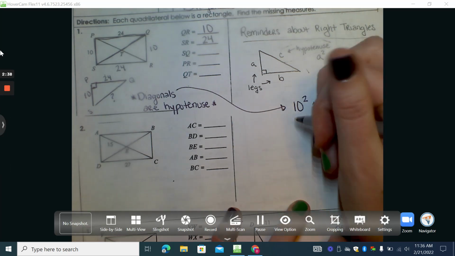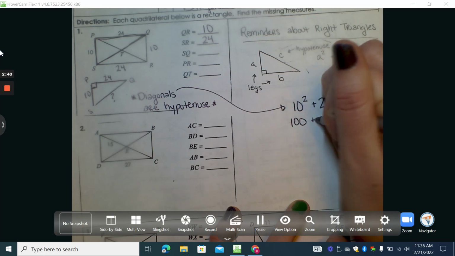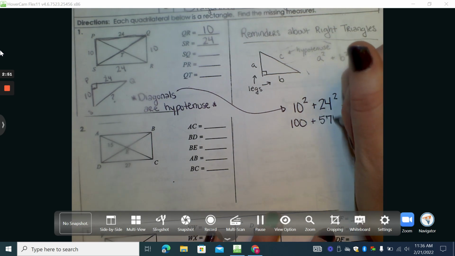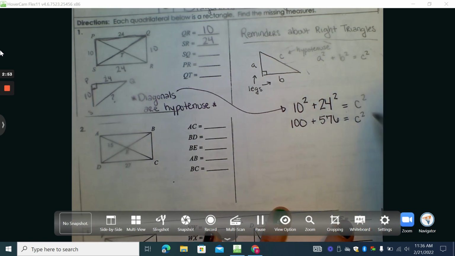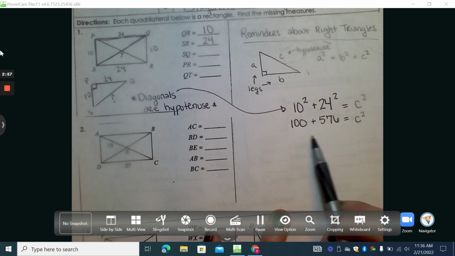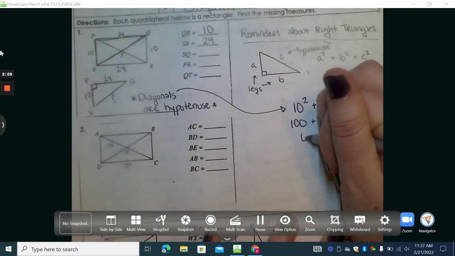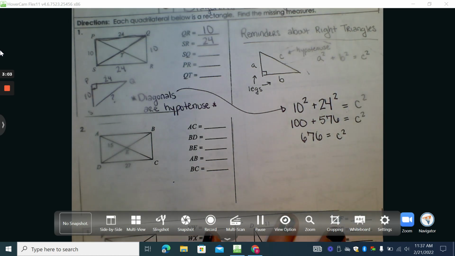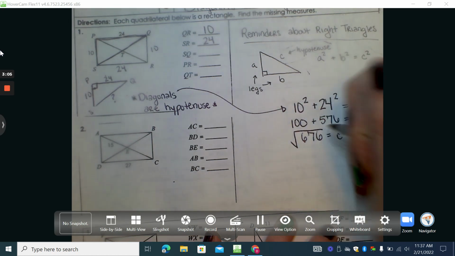Well, 10 times 10 is 100. And 24 times 24, again, it's not 24 times 2, it's 24 times 24, which is 576. And since they're on the same side of my equal sign, I'm going to add those together and get 676, which I am going to then take the square root of.